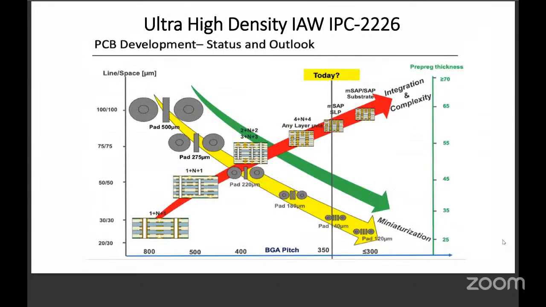So this is the latest IPC 2226, which gives a BGA bump pitch at the bottom, and again line width and space in microns. And again, we are today at about 350 microns bump pitch on a PCB. And then it says we cannot do any negative processing.